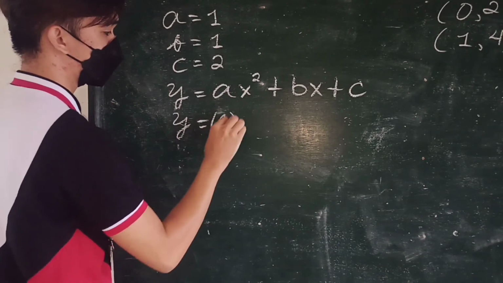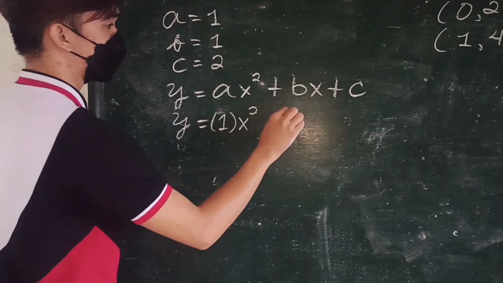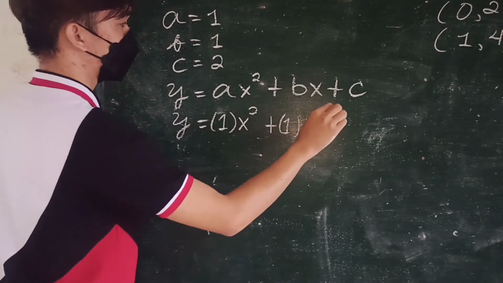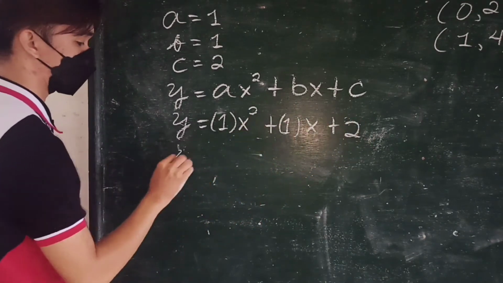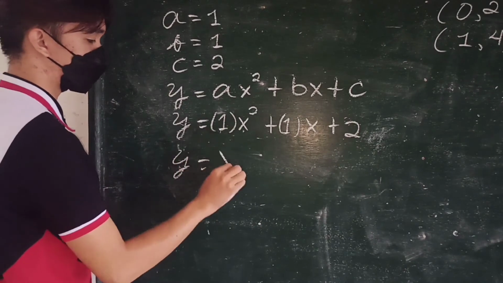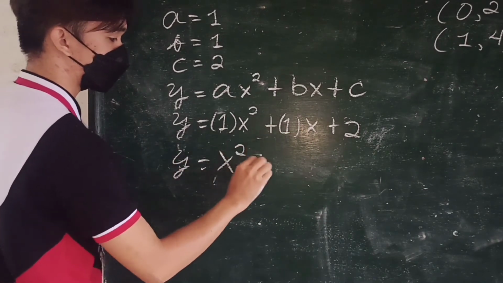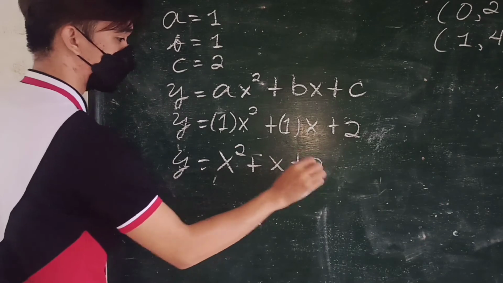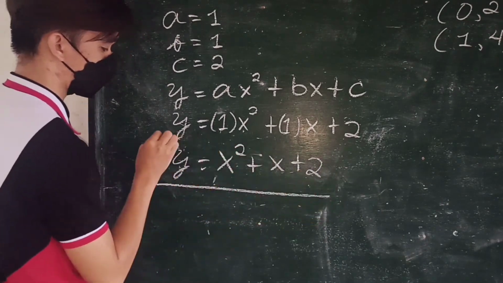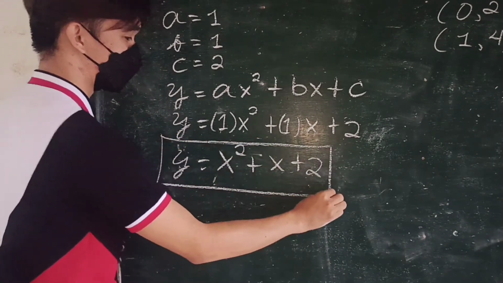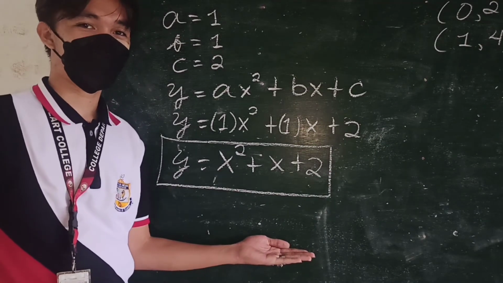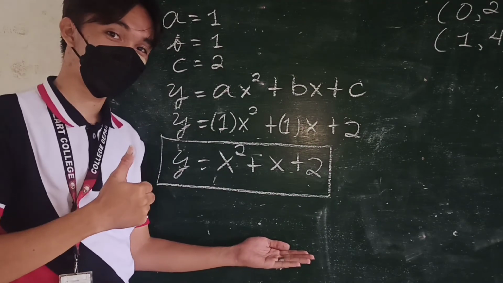So we have 1 times x squared plus 1 times x plus 2. Y equals 1 times x squared is x squared. 1 times x is x, then plus 2. So the equation of the given function, given the graph, is y equals x squared plus x plus 2. Get it?